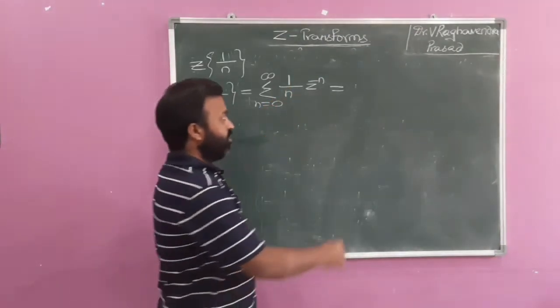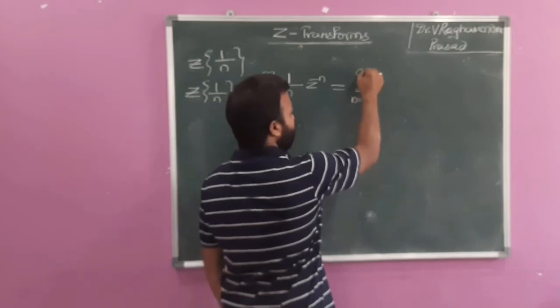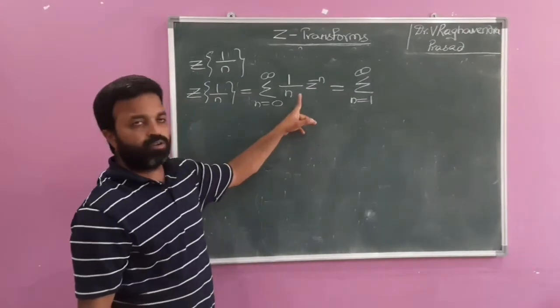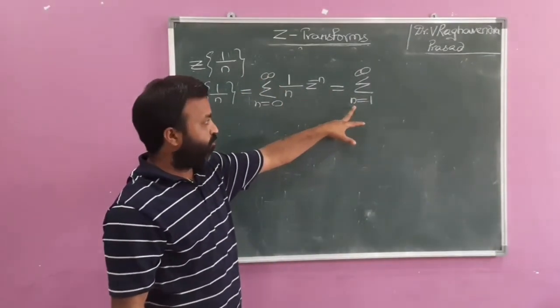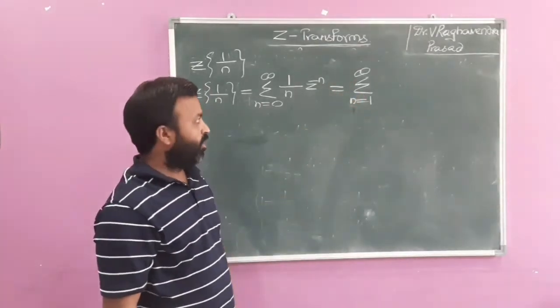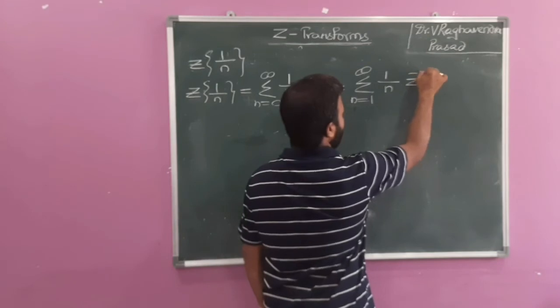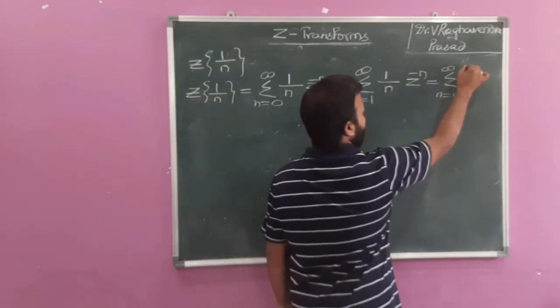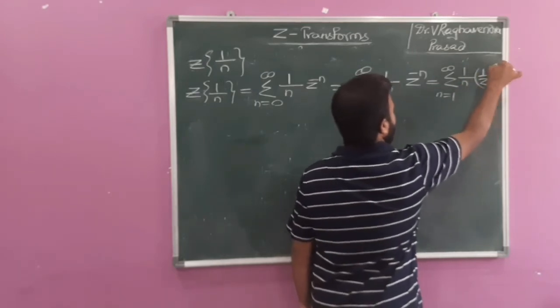So we rewrite the summation as sigma n equal to 1 to infinity, because at n equal to 0 the given function is not defined. So we define it from n equal to 1 to infinity, 1 by n into z power minus n, or we can write this as sigma n equal to 1 to infinity, 1 by n into 1 by z to the power of n.